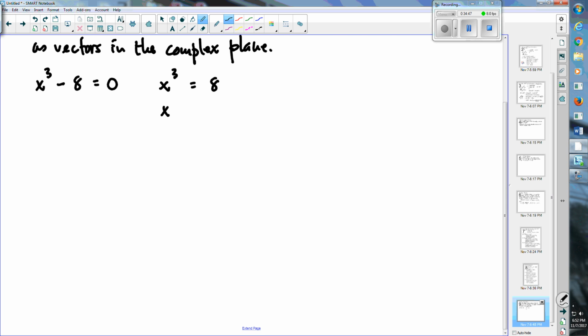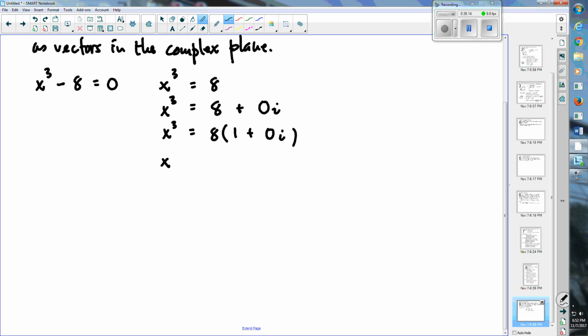And we can write this as x cubed is equal to, well, that number 8, it's a real number, but it's also a complex number. We can see that by writing it as 8 plus 0i, which, factoring out an 8, gives 1 plus 0i.